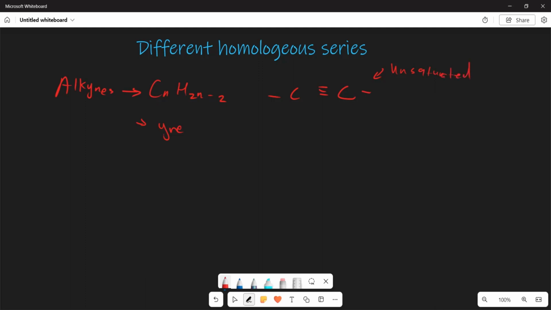Basically, this is because they consist of multiple bonds within the carbon atoms. That's the reason why we regard them as unsaturated. Hopefully this makes sense to you.